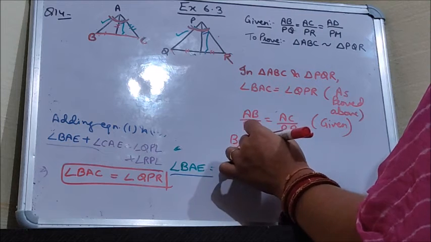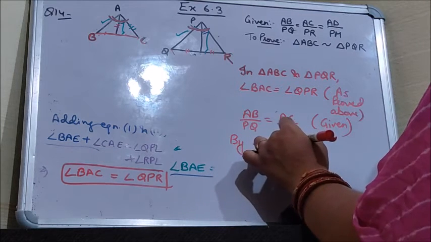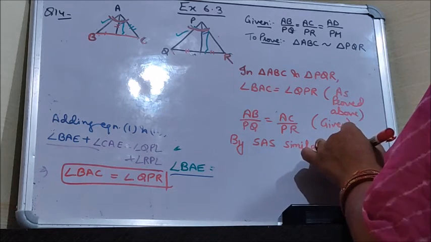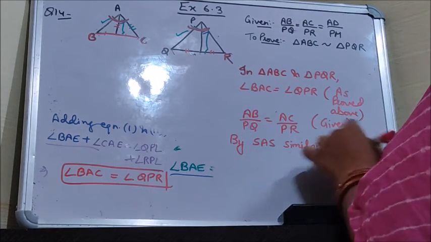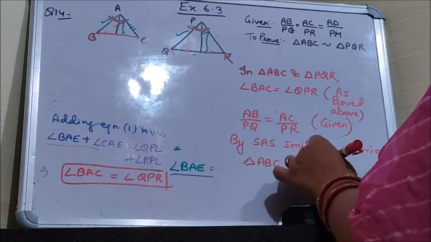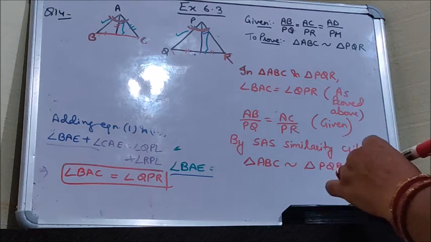By SAS similarity criteria, triangle ABC is similar to triangle PQR. Hence proved.